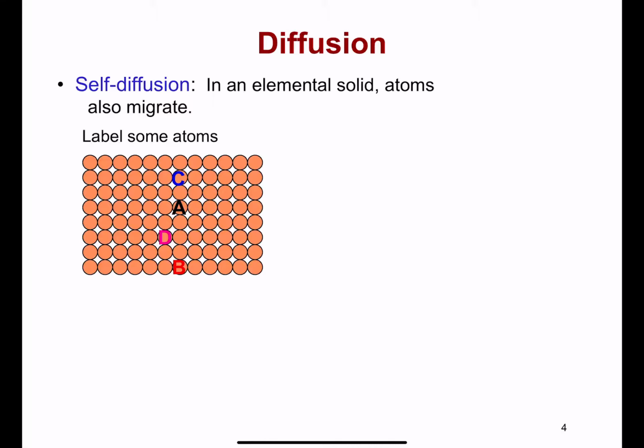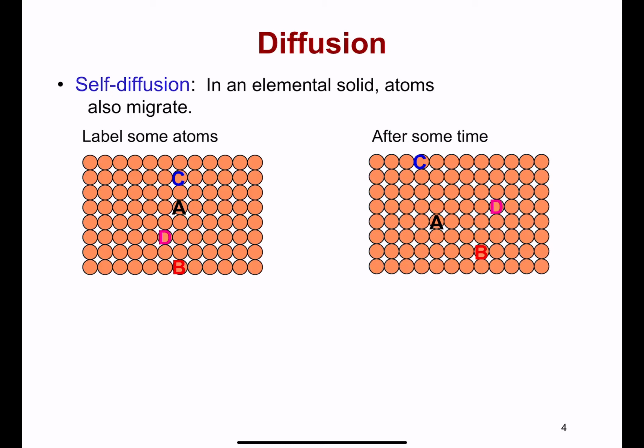If you were able to atomically label certain atoms in copper, A, B, C, and D, what we would find is sometime later, these would be found in different locations due to self-diffusion. Okay, so again, here's a representation of that new location for all of those labeled atoms.